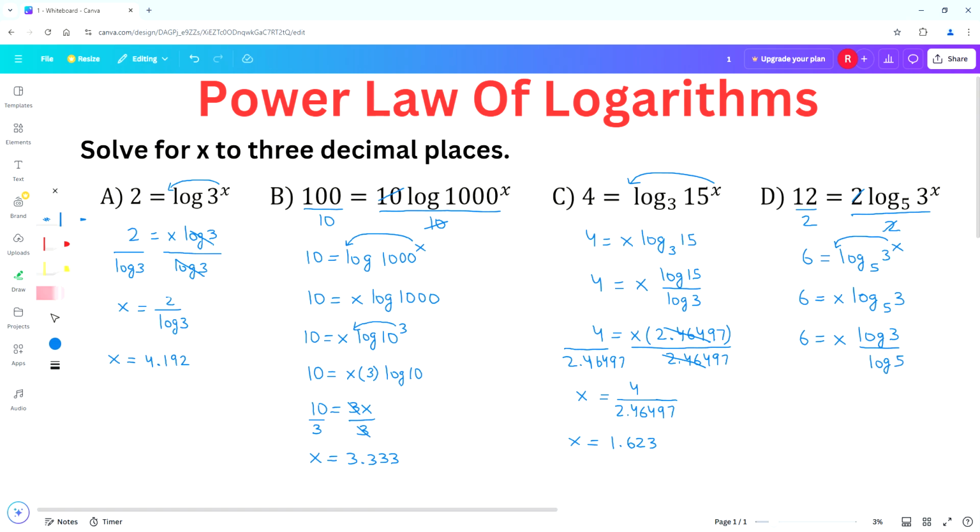These two log terms are common log. We can evaluate them in our calculator. Log 3 over log 5 is equal to 0.682606.